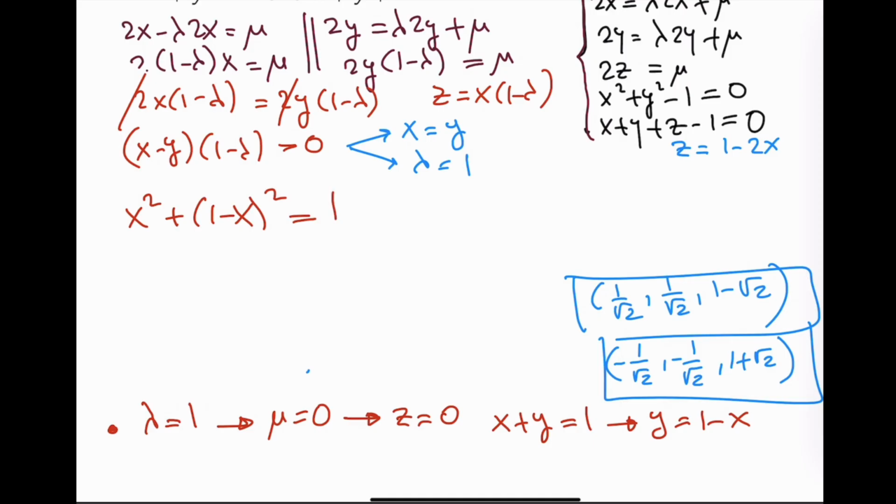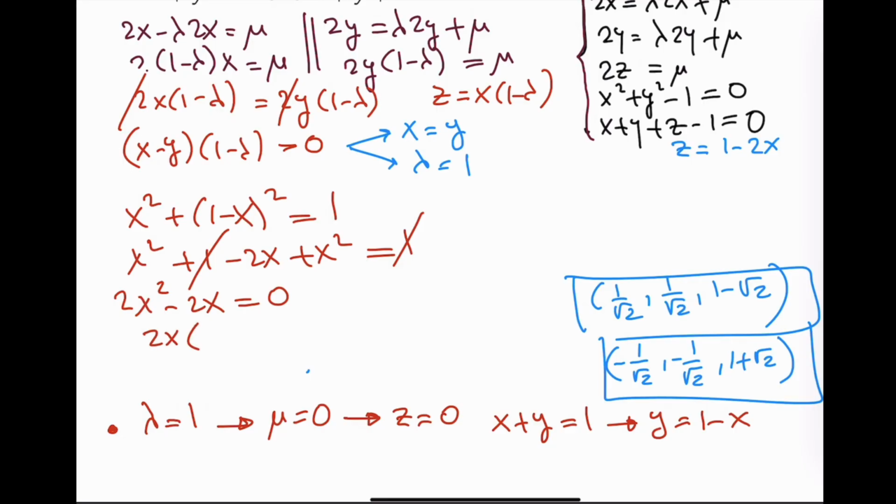So we do the operations here, we get that x squared plus 1 minus 2x plus x squared is equal to 1. So the 1's cancel, and we get 2x squared minus 2x equals 0. So that means 2x times (x minus 1) equals 0.